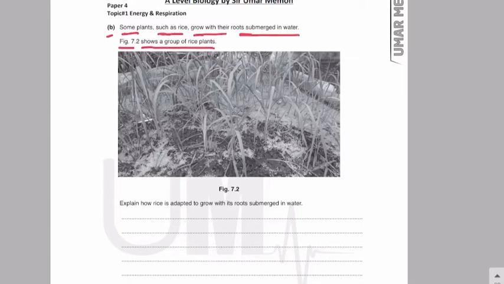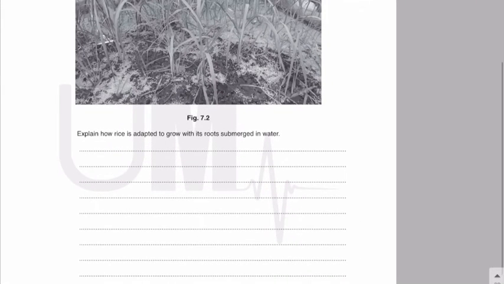As we have discussed in the topic that we covered, energy and respiration, at the end of the topic I taught you that rice plants can survive in flooded soils with a lot of stagnant water, or we can say the roots of the rice plants are submerged in water, the soil is full of water. Explain how rice is adapted to grow with its roots submerged in water.